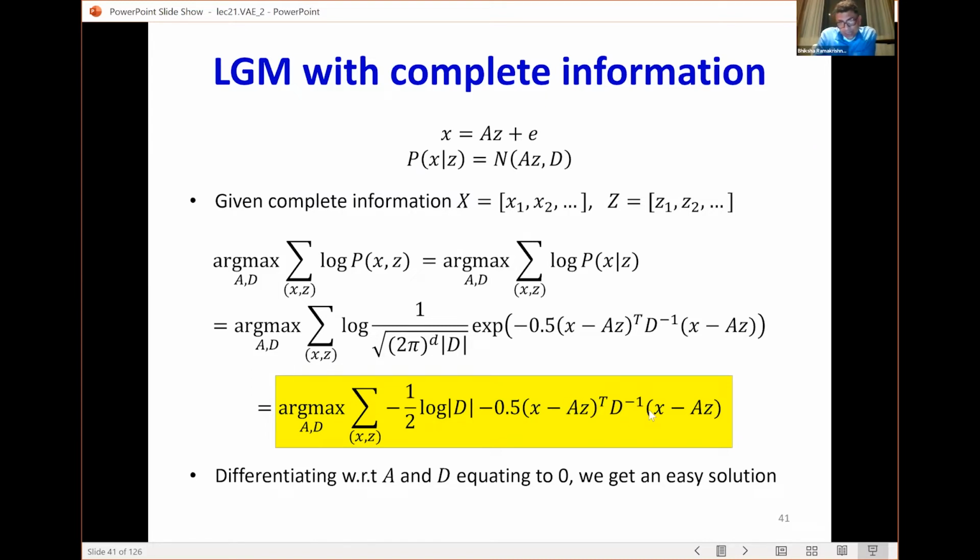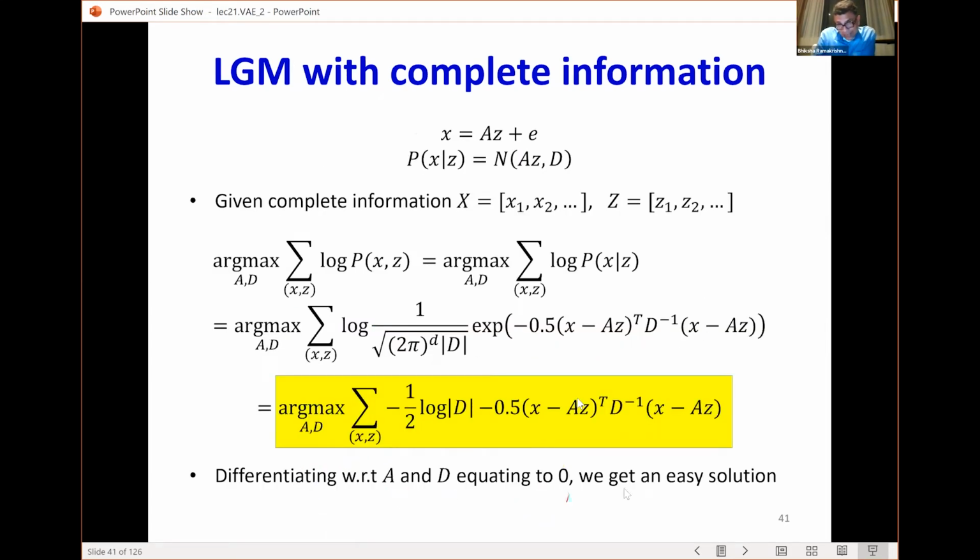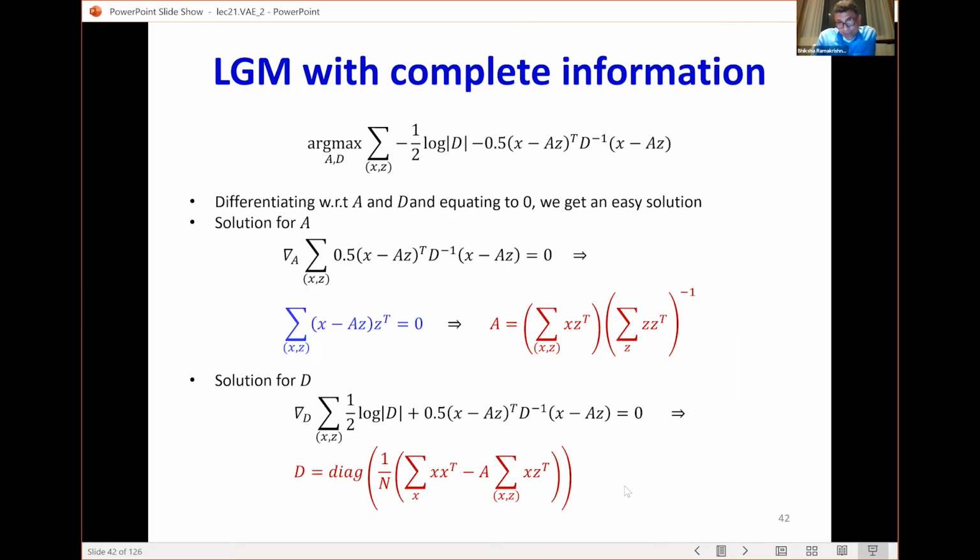And so now we just have to estimate A and D. And so when you work out the arithmetic, you get these nice closed form formulae for A and D. I won't go through the math. I just want to get across the point that having this Z gives us a closed form formula.